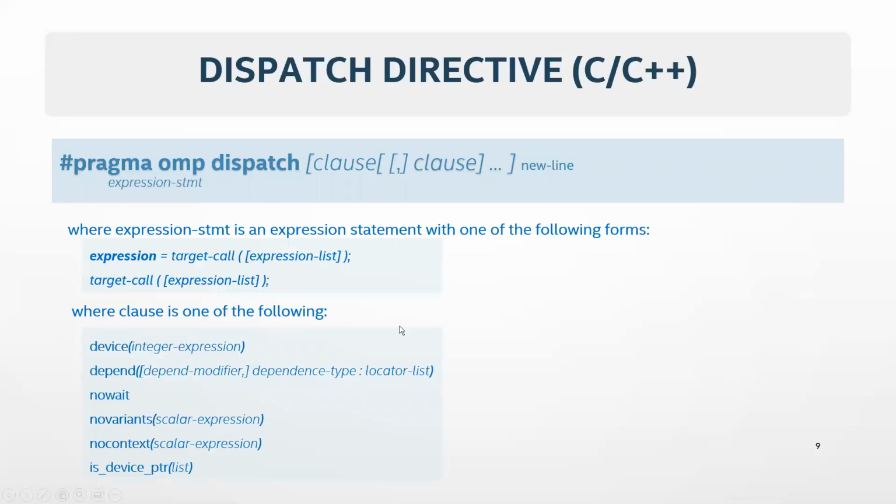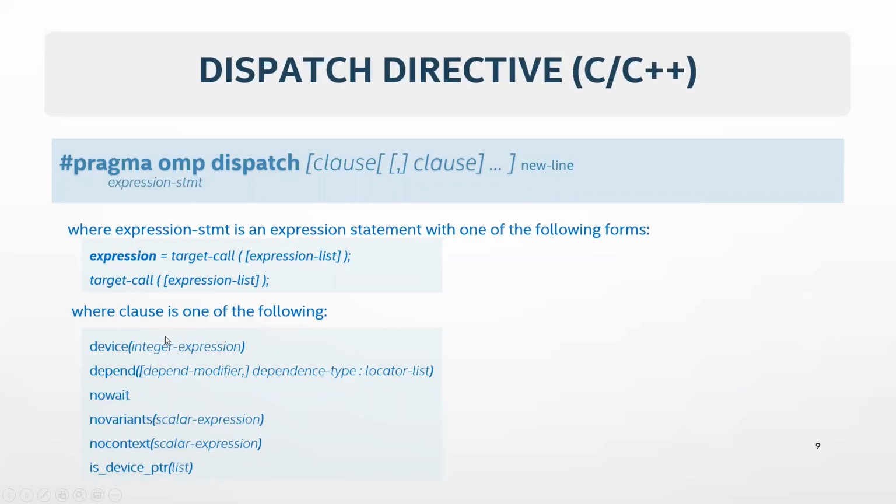Okay, the next key feature which was added to enable this is the dispatch construct. The syntax for this in C++ is you have an OMP dispatch construct followed by an expression statement. And the expression statement is essentially an assignment of a call to some expression, or a call.